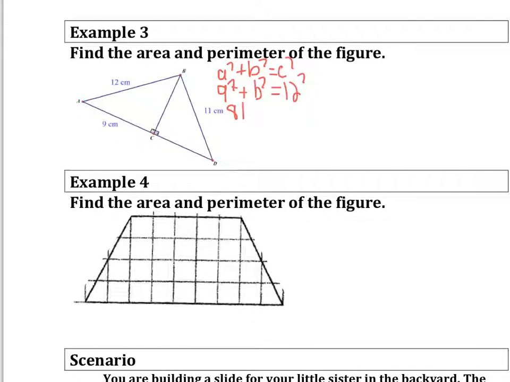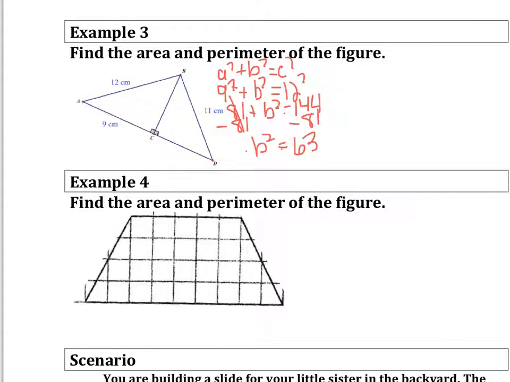So then I'll end up with 81 plus B squared equals 144. Now I subtract 81 from both sides, and I find that B squared is going to be equal to 63.